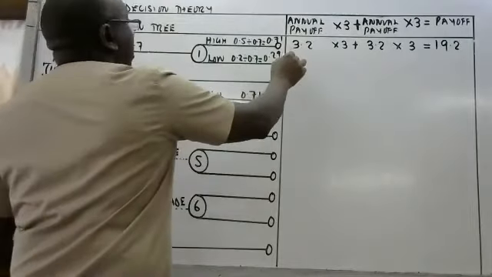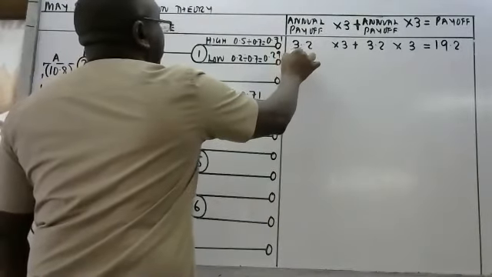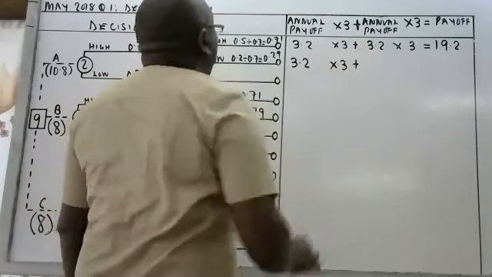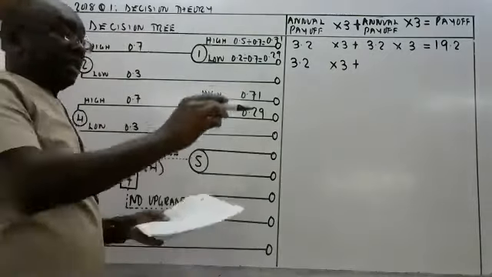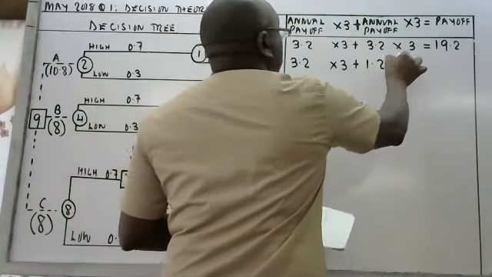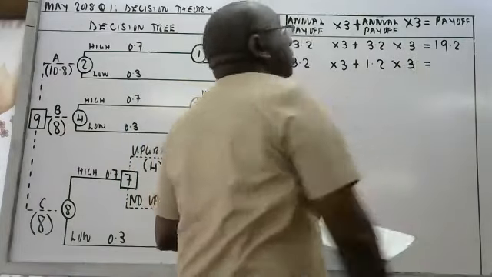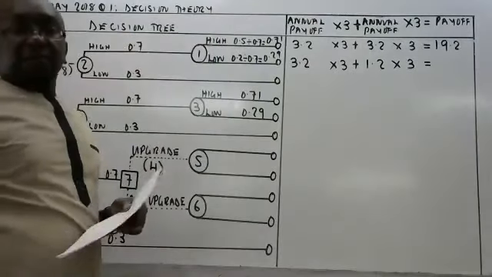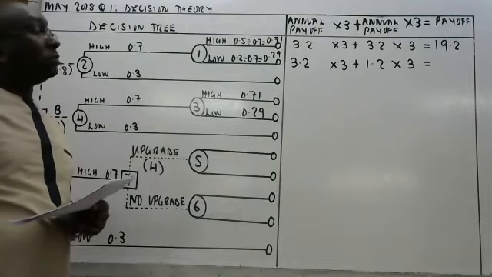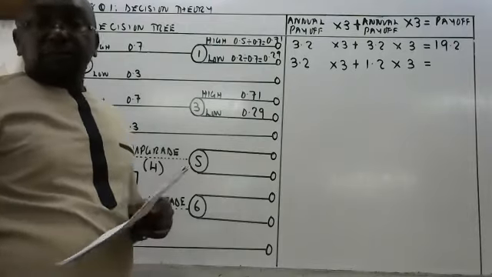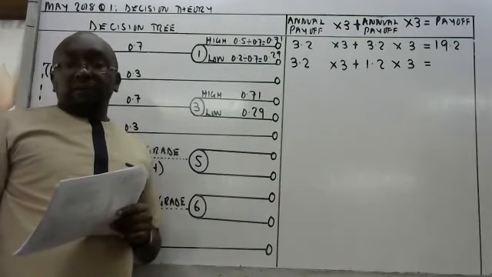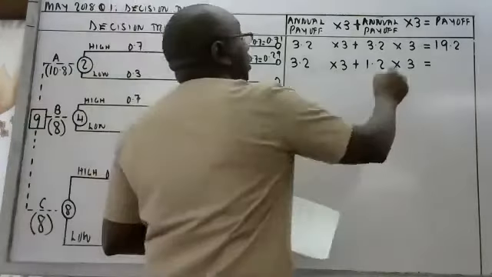Then I come here. The first 3 years is 3.2. But now, the last 3 years, demand will be low. When it is low, it is 1.2. When it is low, we have 1.2. Waiting for the figure, 13.2.